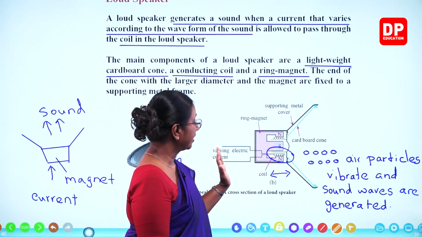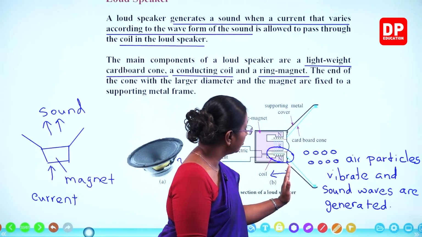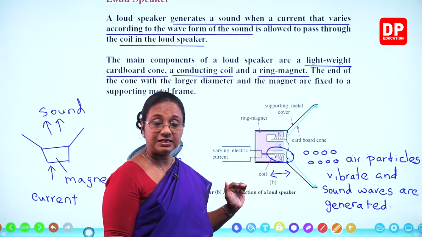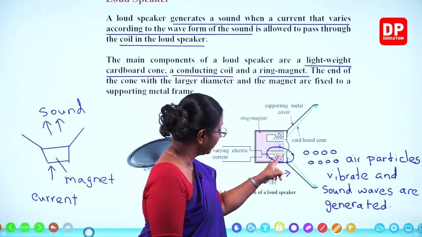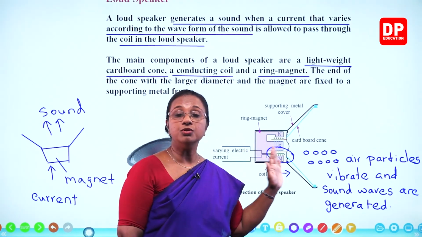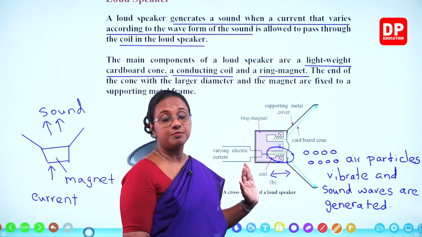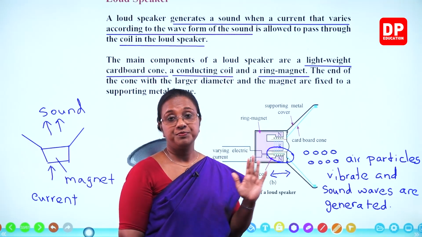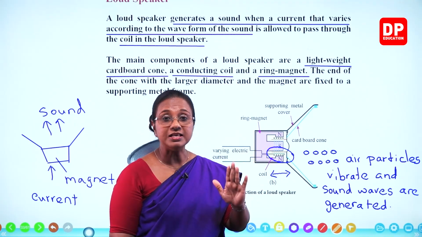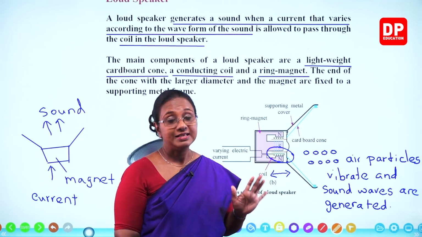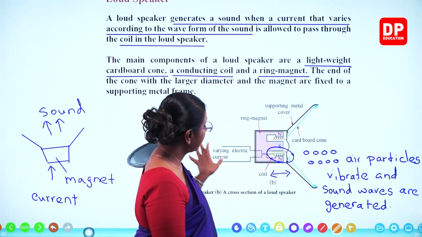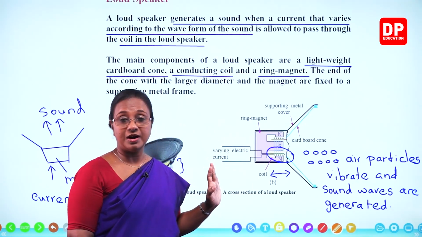When that moves back and forth, the cardboard cone along with the supporting metal cover connected to the coil here, you can see, starts to vibrate. And the air particles in front of the cardboard cone vibrate. Because of that, sound is generated. Is that clear? So that is how the loudspeaker functions.